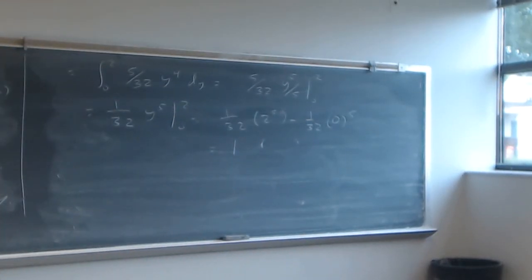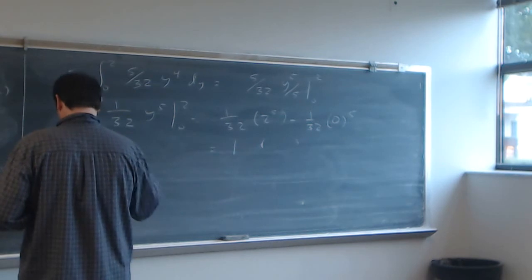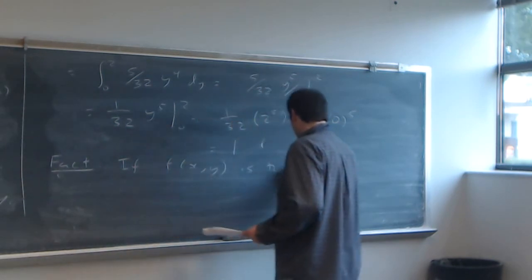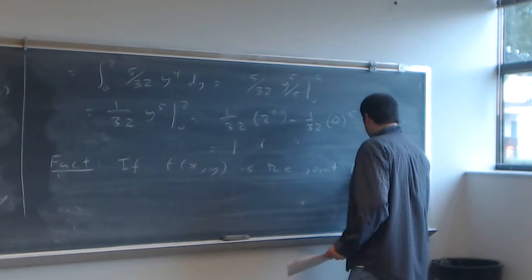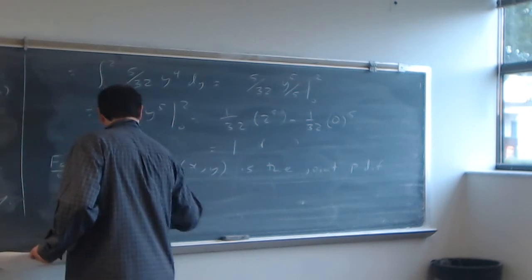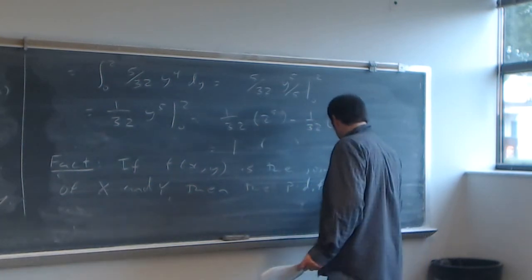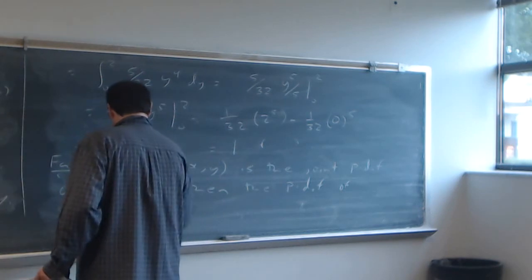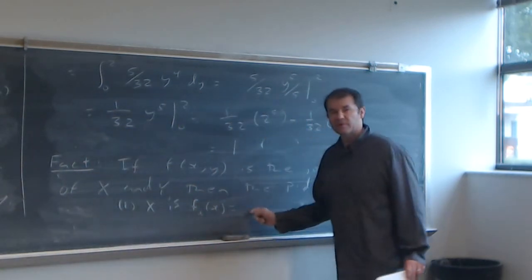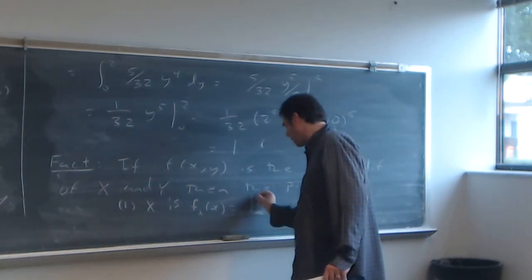Okay. As a fact, just like what we had analytically before, if f of x comma y is the joint PDF of x and y, then the individual PDF of, in this case, x is f sub x of little x, and instead of the discrete case, where we had the sum over all of the y's, here we're going to have the integral over all the y's.